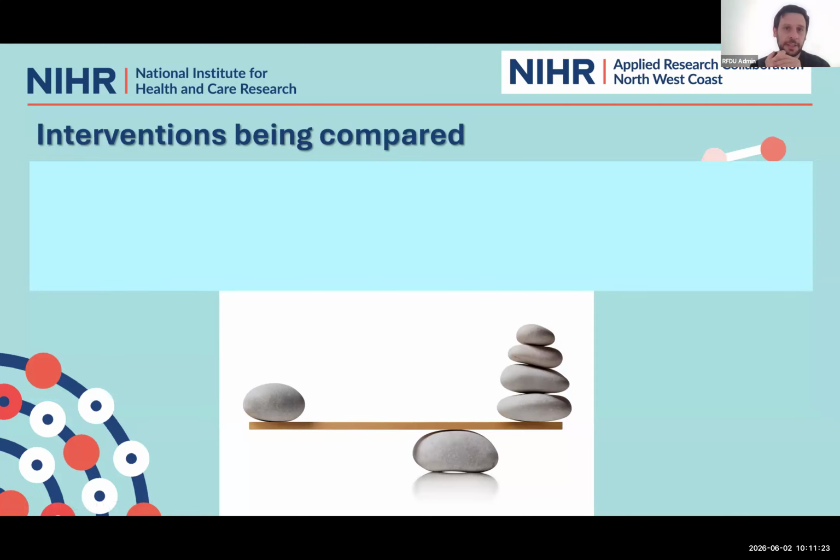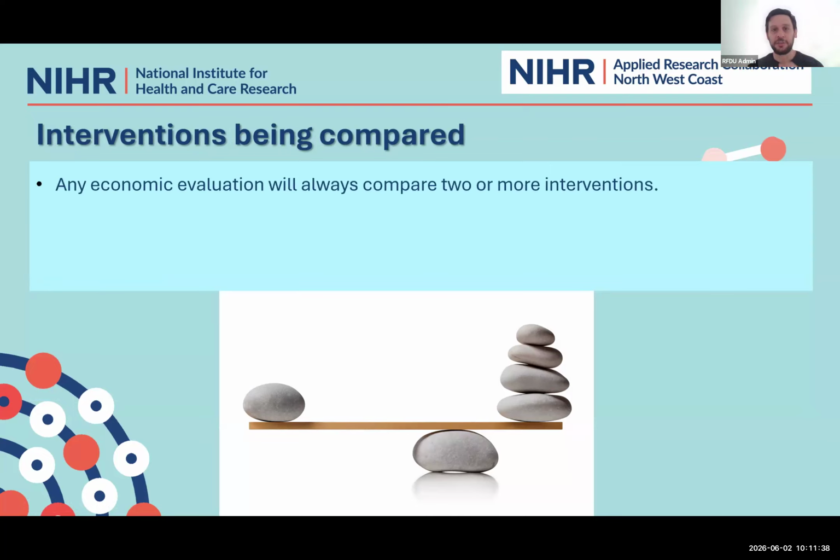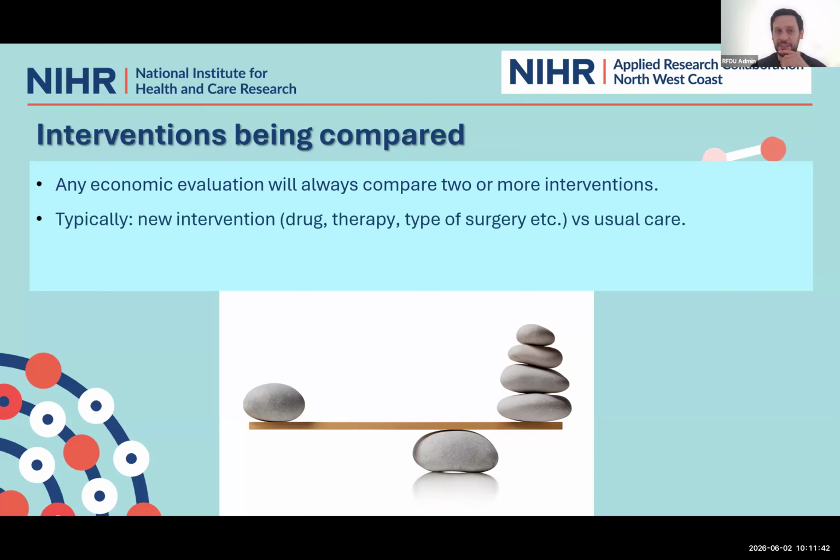Now, I think the economic evaluations you're going to work on will virtually all focus on a randomized trial or on a simple comparison between interventions. So any economic evaluation will compare two or more interventions.